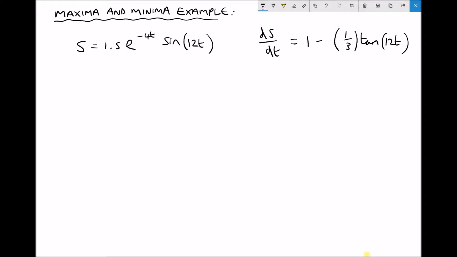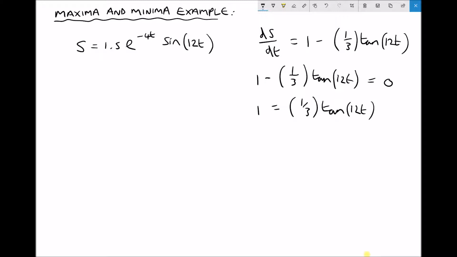Okay, so now we have our first order derivative in the top right hand corner. We can set that equal to 0 to find where our turning points are. So we have 1 minus a third tan 12t equals 0. So we're setting the velocity equal to 0 to see where our turning points are. Let's add a third tan 12t to each side. So we get 1 equals a third tan 12t.